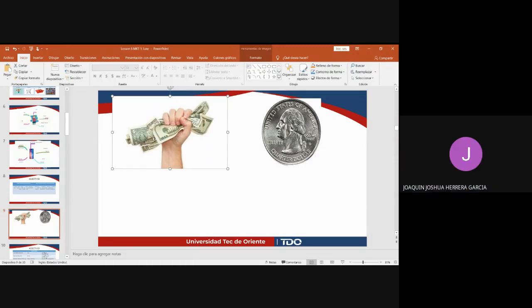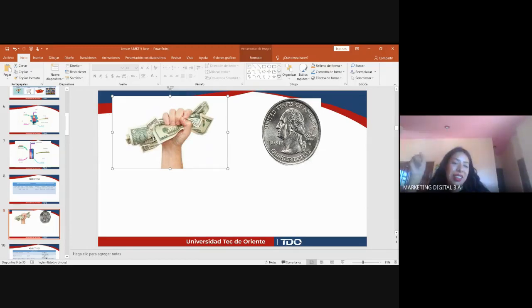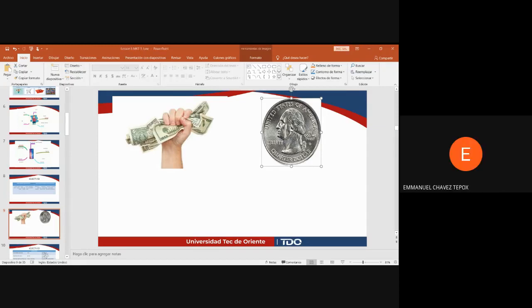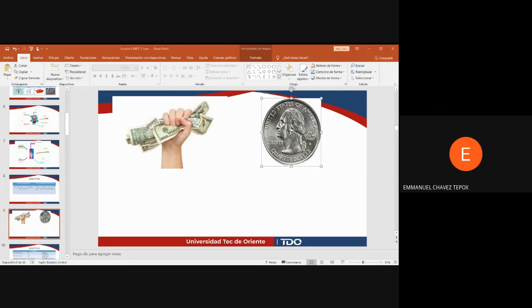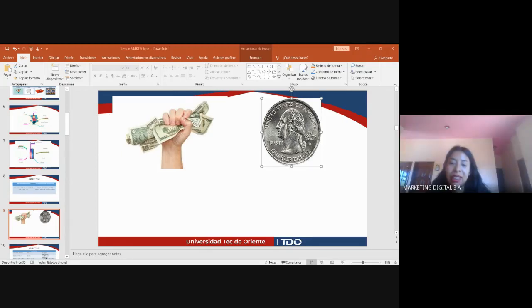Yes, cash. That is cash. Es nuestro efectivo. It's money, but now we are checking cash, efectivo. And what is this? Mauricio. Ese creo que era current. No, it's coin. So cash and coin.